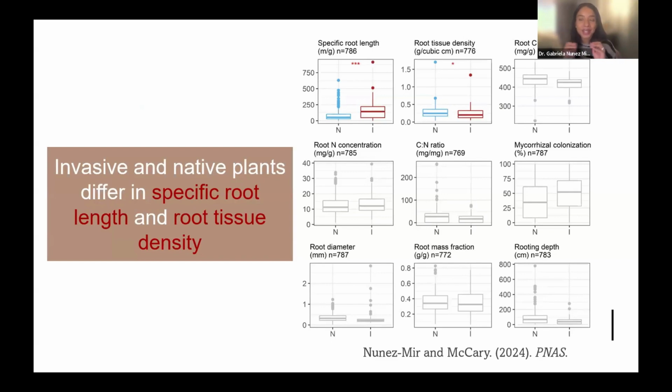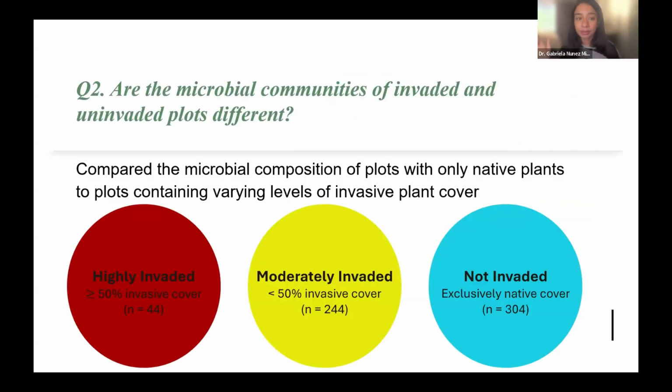Now, that is kind of telling us that these invasive roots tend to be really cheaply made and they grow fast and they're just going out there, you know, trying to scavenge for resources. So that's kind of the strategy that invasive plants are taking, more so than our native plants.